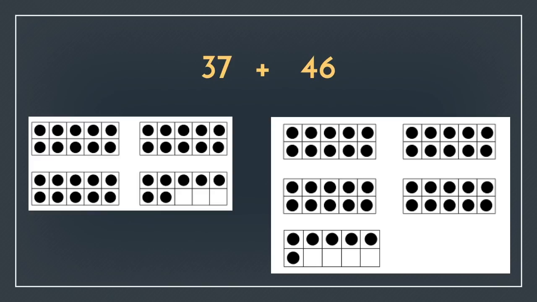You might get some kids who will leave the 37 all as 37 and say, man, if I just had 3 more, I could fill that in and there would be 40. And so they will visually move 3 of the dots from the 46 over to the 37, and now they have 40 and 43. Those are strategies that we want kids to develop.